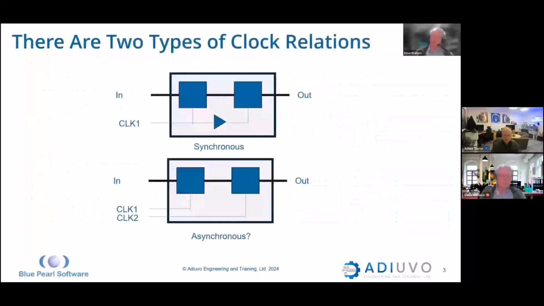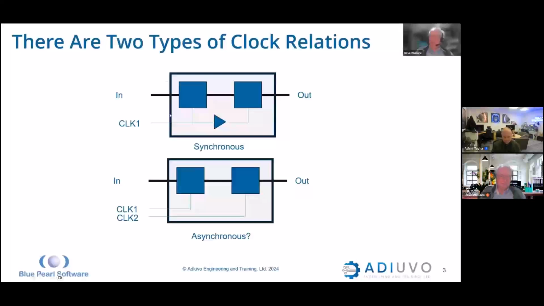There are basically two different types of clock relationships. Clocks can be synchronous to each other. In this upper diagram, we see a buffer, but it could be an inverter or a clock divider. The two clocks here can be running at slightly different rates. The key is, do you know the phase relationship between the different clocks?